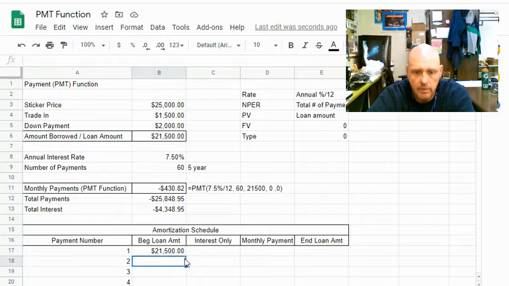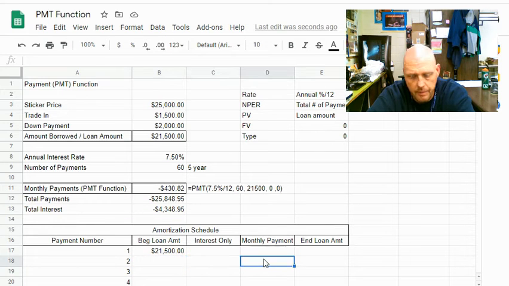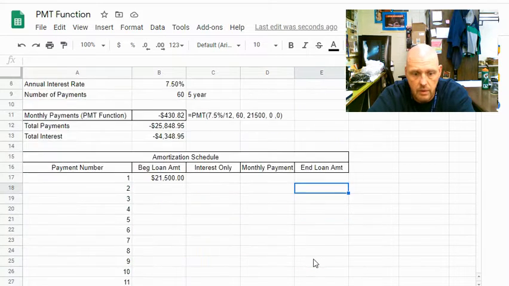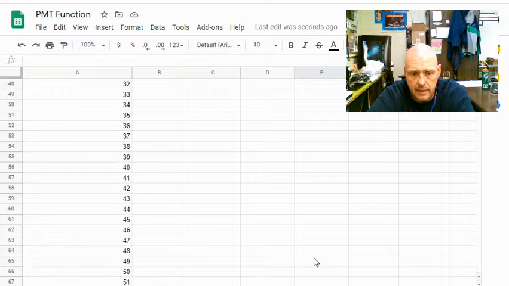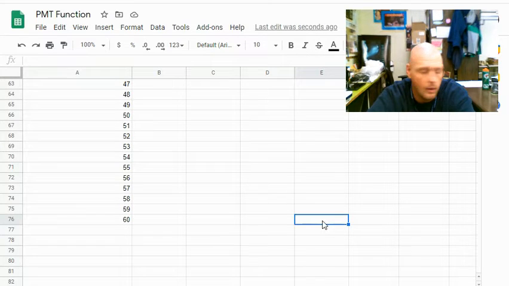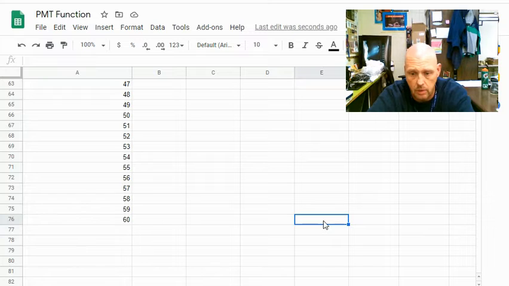As it goes down, the interest will change and the monthly payment won't, but the ending loan amount will. And the goal is by the time I get all the way down here to the bottom, on my 60th payment, I will not owe any more money. I'll have paid off the whole loan, so my loan amount here will be 0.